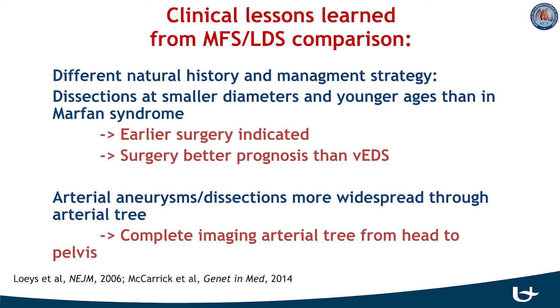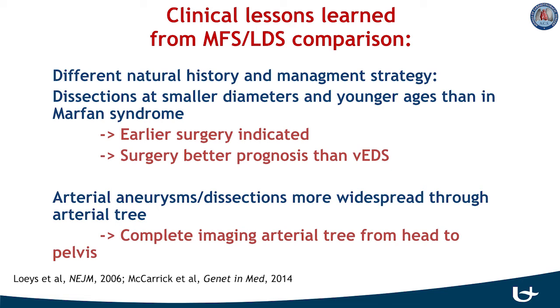The clinical comparison of Marfan syndrome and Loeys-Dietz syndrome has revealed some important lessons from the natural history. First of all, in Loeys-Dietz syndrome, dissections occur at smaller diameters and younger ages than in Marfan syndrome. This implies the need for earlier consideration of aortic surgery, and importantly, this surgery has a better prognosis than in Vascular Ehlers-Danlos syndrome.